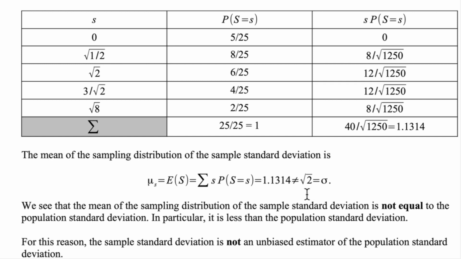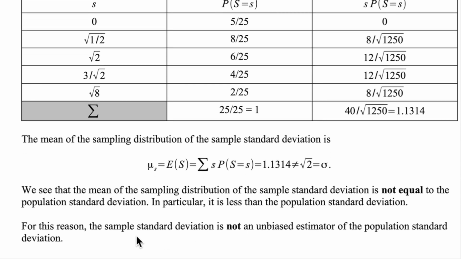You'll recall that the square root of 2 to 4 decimal places is 1.4142. So that is not equal to the mean of the sampling distribution of the sample standard deviation. Because of that, the sample standard deviation is not an unbiased estimator of the population standard deviation.